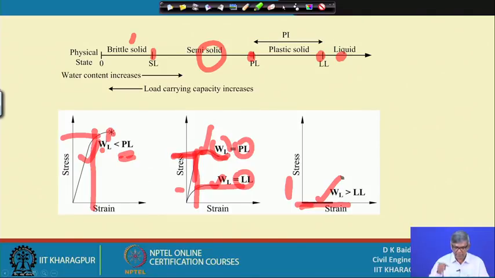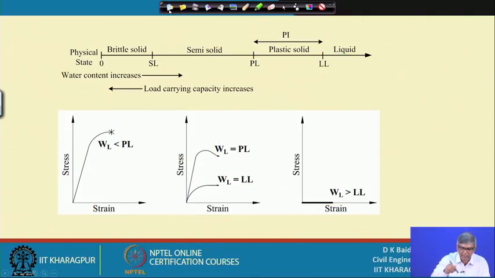So, these are the expected behaviors at different stages of water content. If the water content is close to the liquid limit, we will get very low strength, and if the water content is very close to the plastic limit, we will have good strength. That is what we want to explain through this slide.